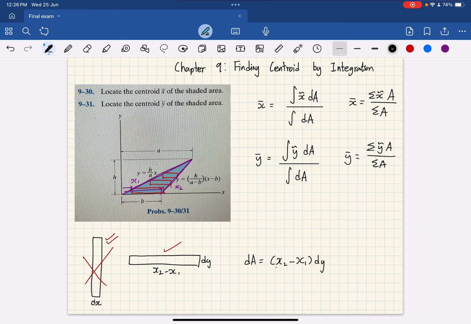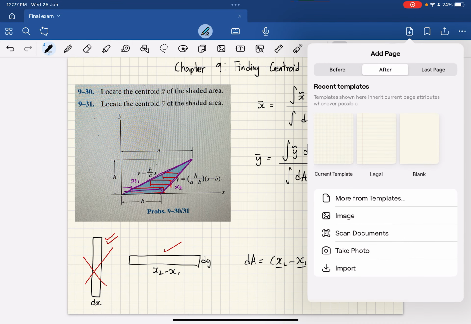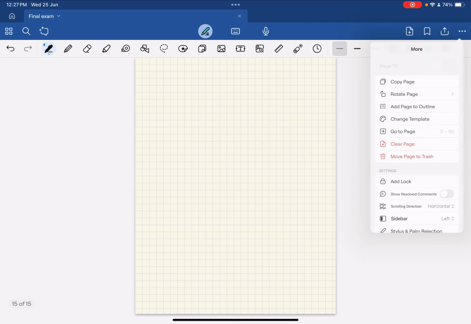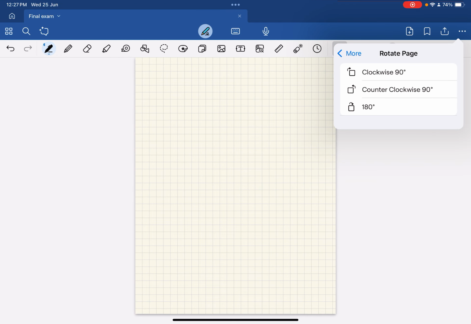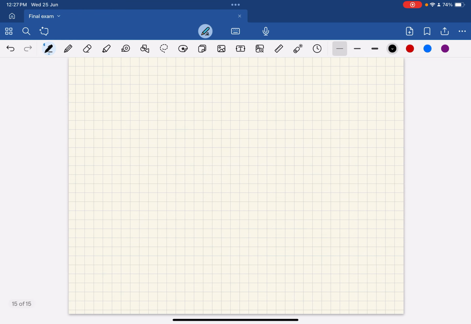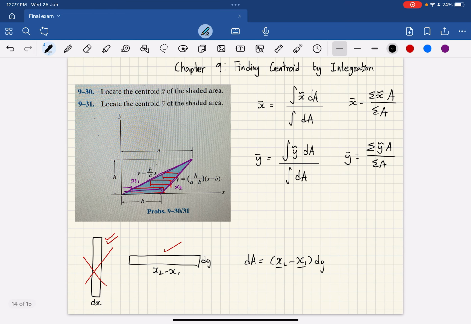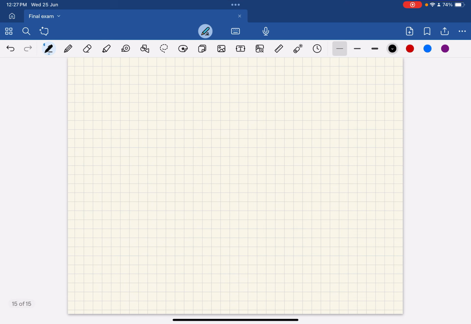Now how do I get x2 and how do I get x1? We have to rearrange the equation. Let me rotate this page. This is for x2: y equals h over a minus b, bracket x2 minus b.